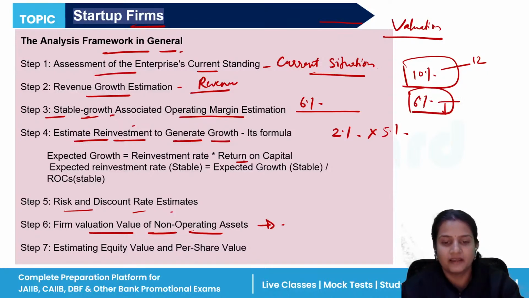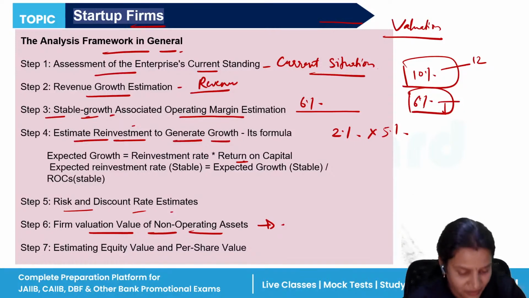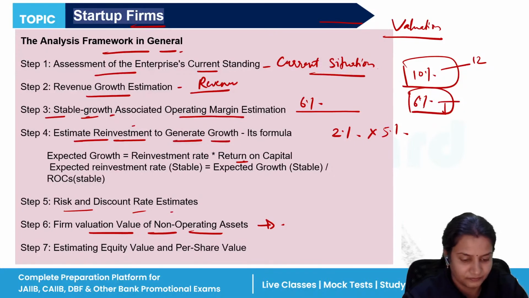Then firm valuation, value of non-operating assets. After that, in step six, you will find the firm valuation, with the value of non-operating assets. So, what are non-operating assets? Can anybody tell me? Tell me what are non-operating assets.